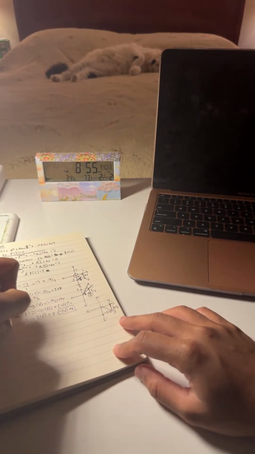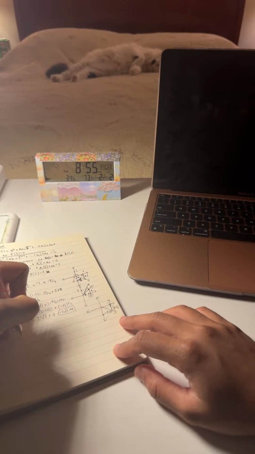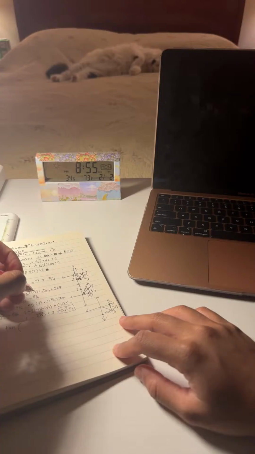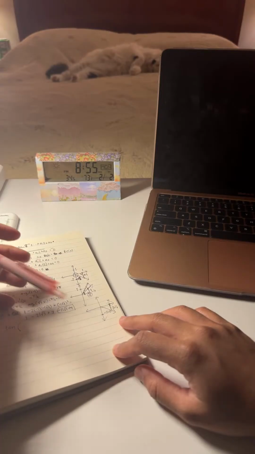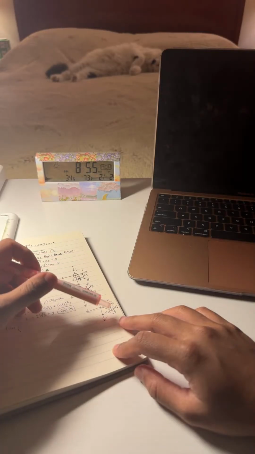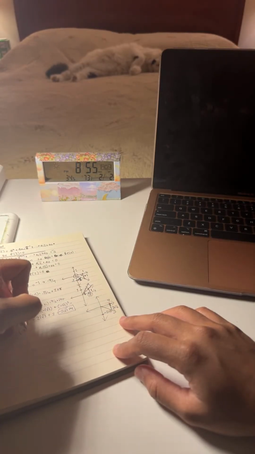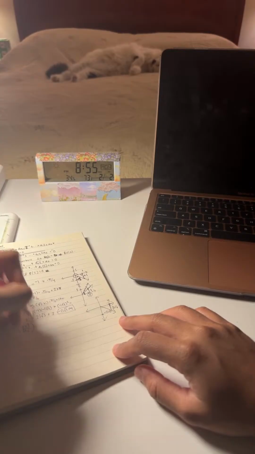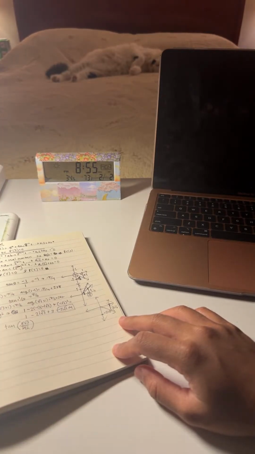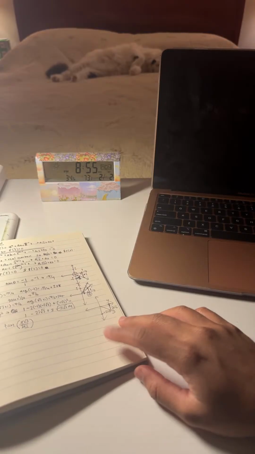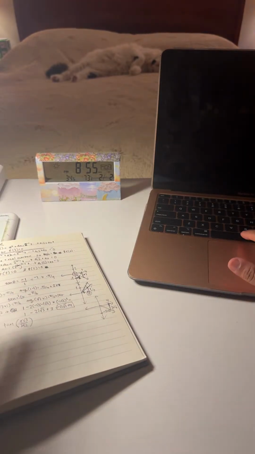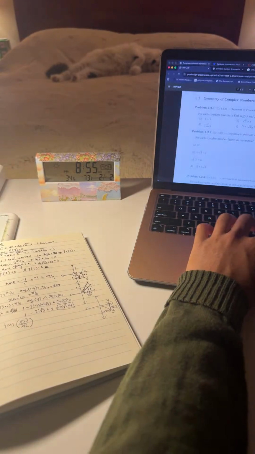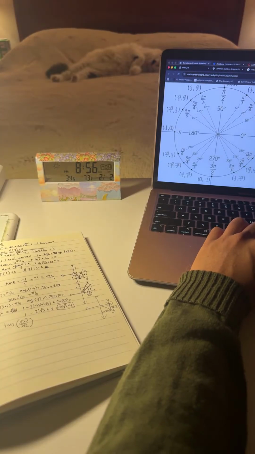So tangent of that, well, adjacent would be 4. No. Adjacent would be 2 root 3. And then opposite would be 4. So it'd be root 3 over 2, right? Root 3 over 2.